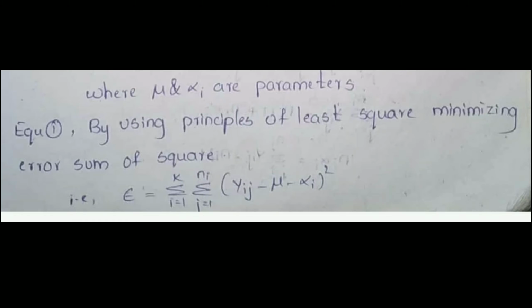So we find the mu and alpha values by minimizing the error sum of squares. The error value E equals the double summation, i ranging 1 to k, j ranging 1 to ni, of yij minus mu minus alpha i, whole square.